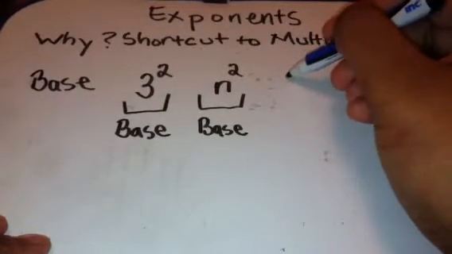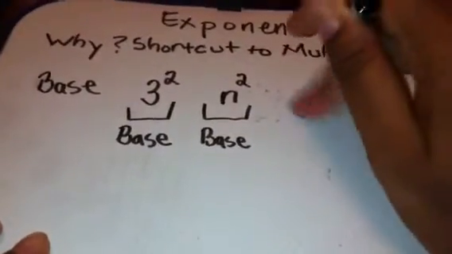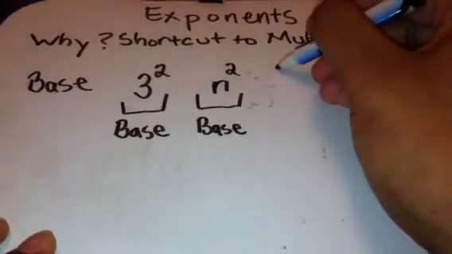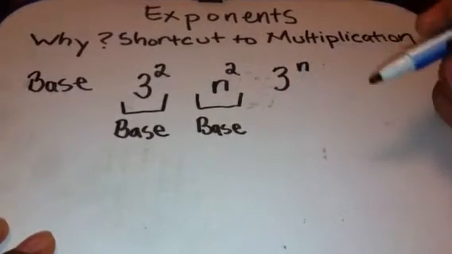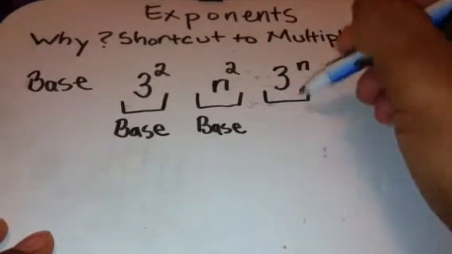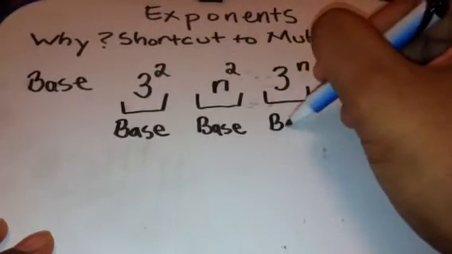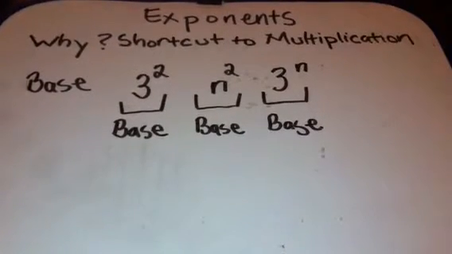So in the case of 3 to the power of n, 3 is our base, n is our variable. It is a variable that is an exponent.